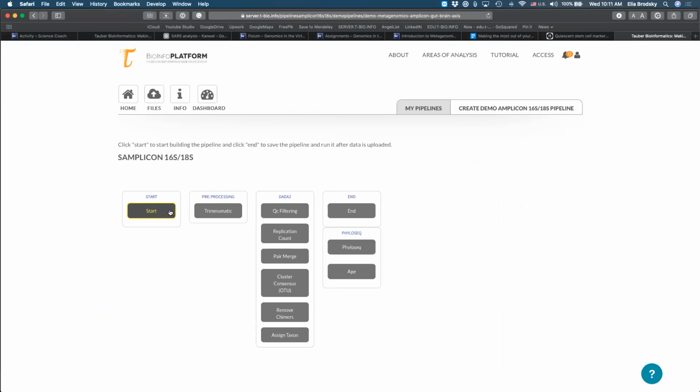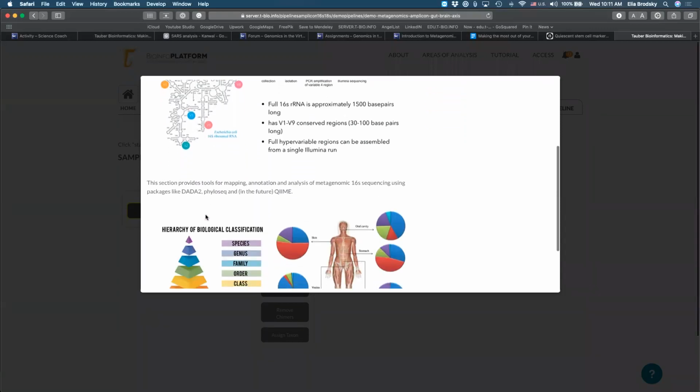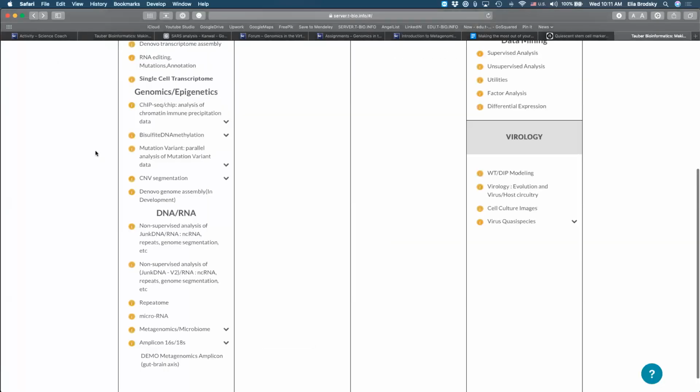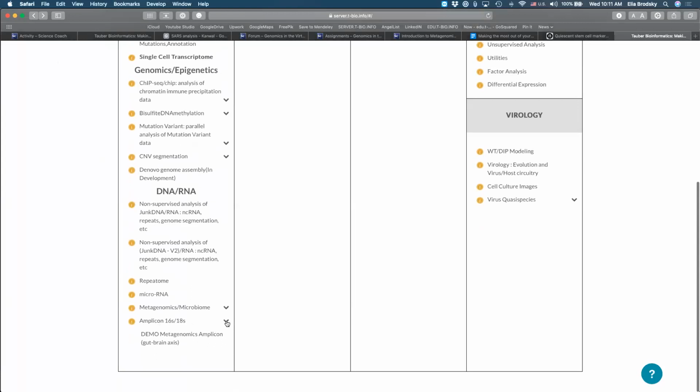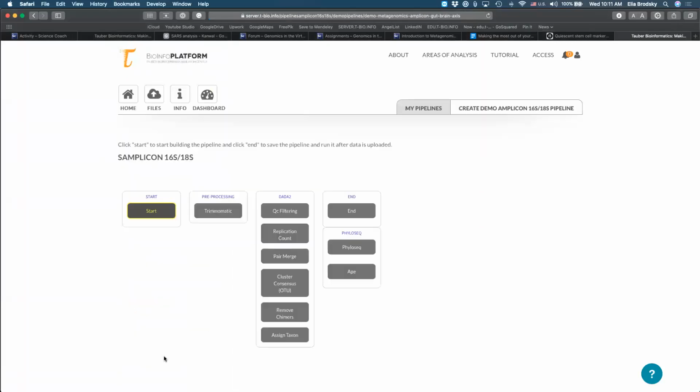So you click on the drop-down arrow and you go to the demo metagenomics amplicon.